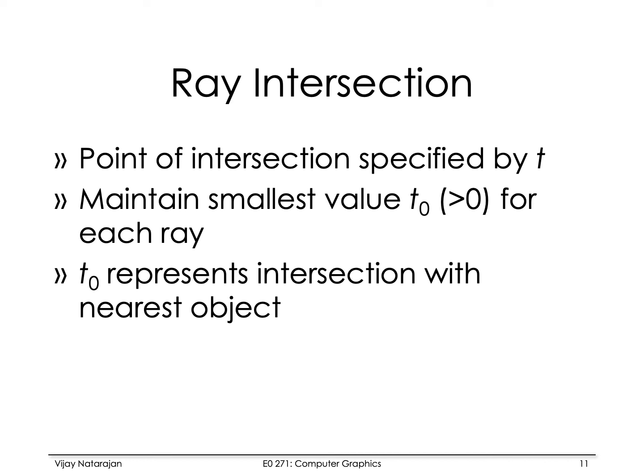So of course we would choose the smallest value, t sub 0. Note that we want it to be greater than 0 so that the objects lying in front of the eye are the ones that are important. t sub 0 represents this intersection with the nearest object, which is our O, and the point of intersection is P.